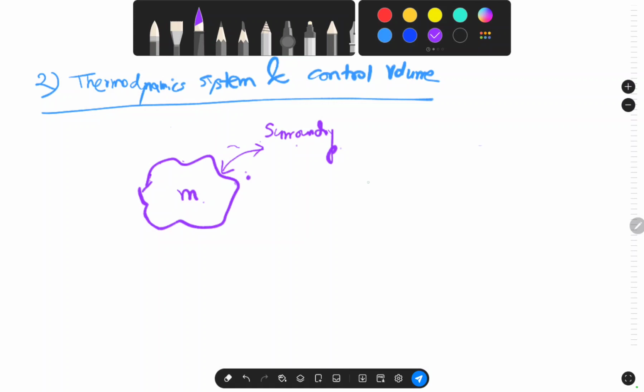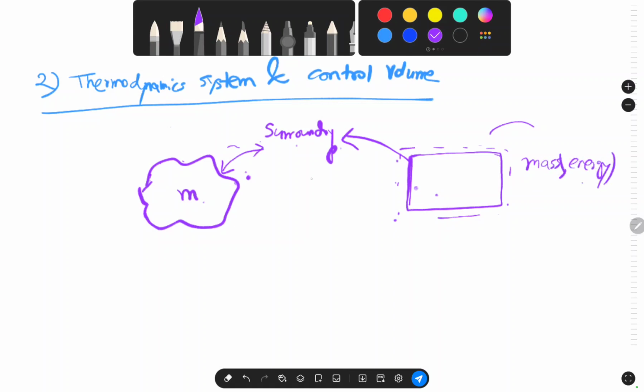Another type of system is the control volume, where a fixed region is assumed in space, and anything outside this is the surroundings. A control volume may interact with the surroundings in mass and energy.